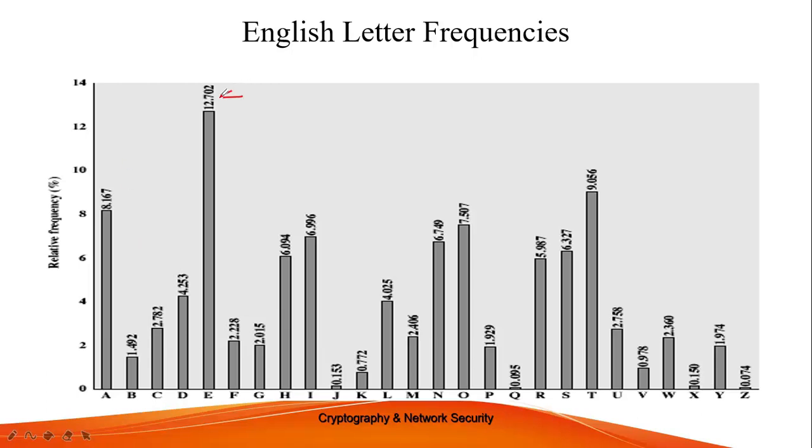The relative frequencies of E, T, I, A are quite high as compared to the other letters, like O. You can also see that the use of Z, X and Q is quite low. From these frequencies, a cryptanalyst can make a guess about a particular combination of letters or the key, and he can decode your message.